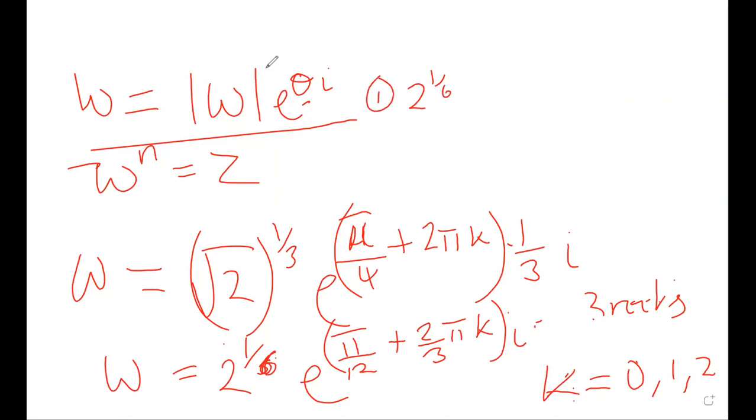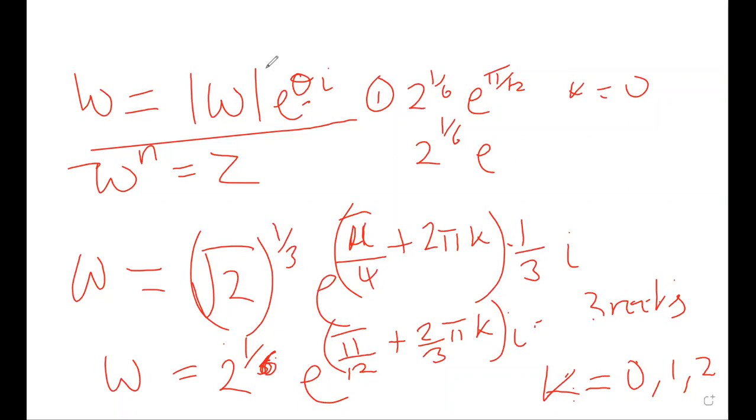So this is our first one. E to the power pi on 12. That's when k is 0. To the power 1 over 6 e to the power pi on 12 plus 2 over 3 pi.